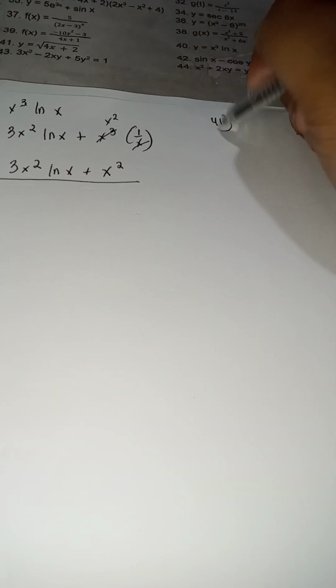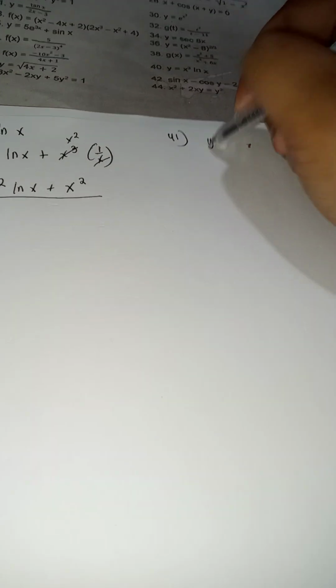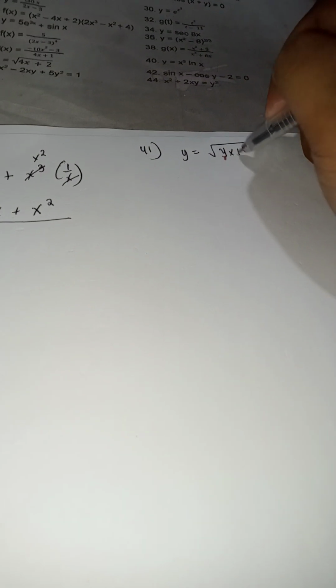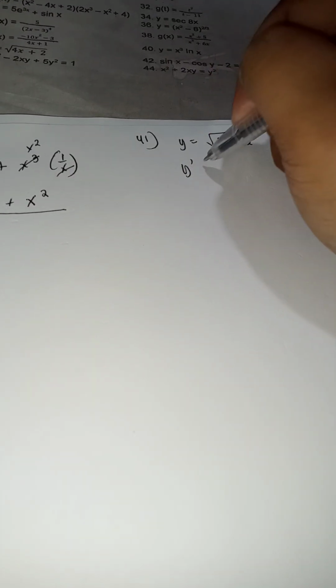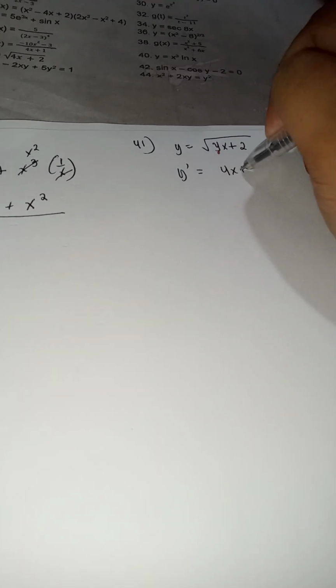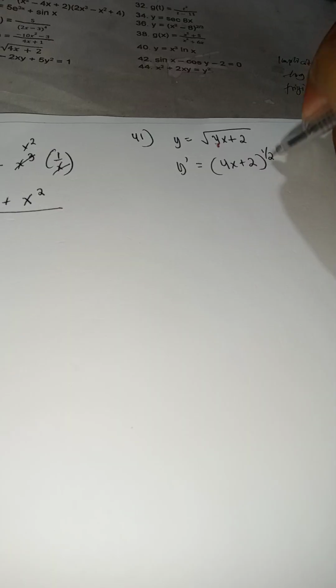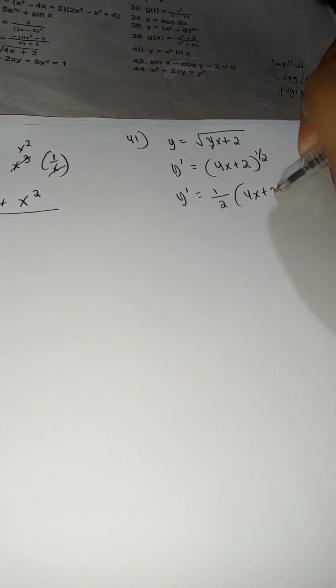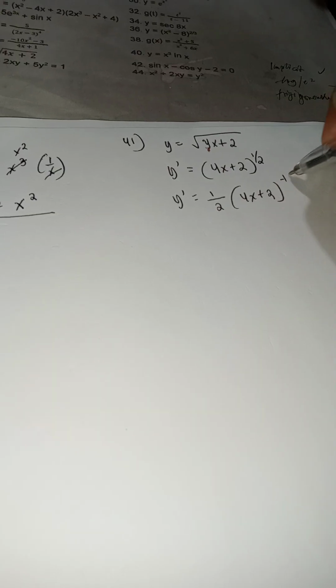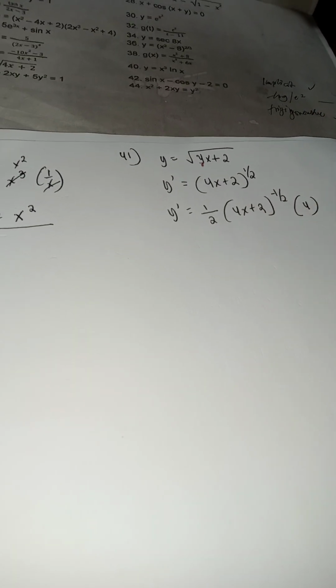Number 41. We have here y is equal to square root of 4x plus 2. Y prime is equal to 4x plus 2 to the 1 half. Y prime is equal to 1 half times 4x plus 2 to the negative 1 half times 4.